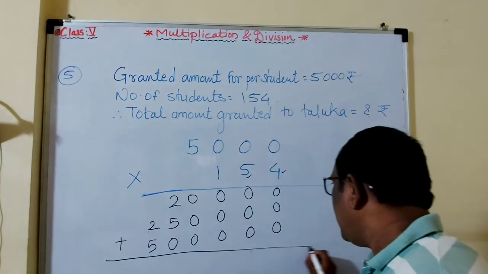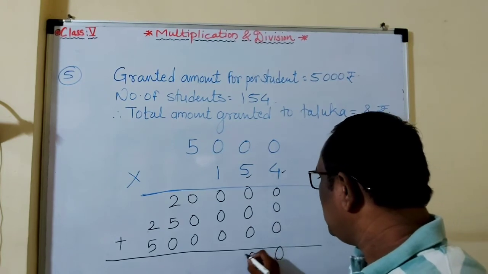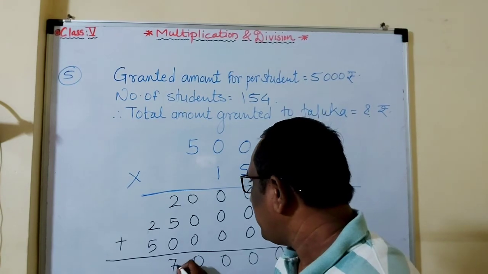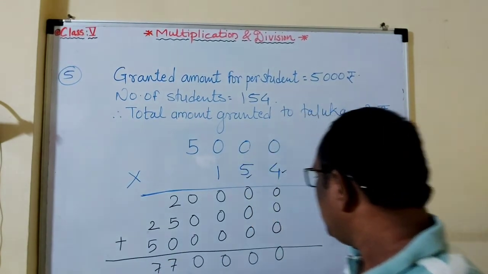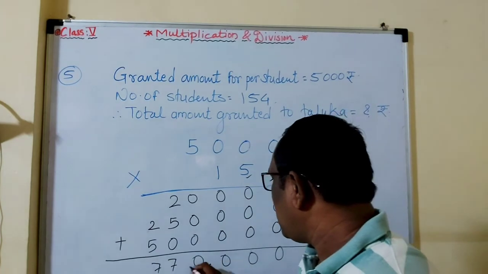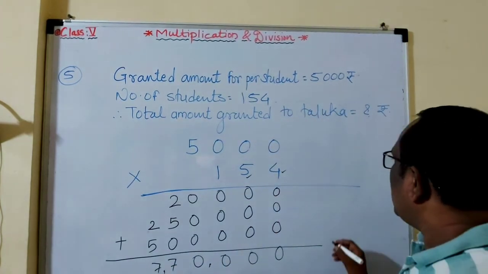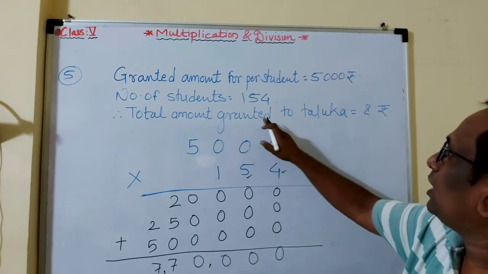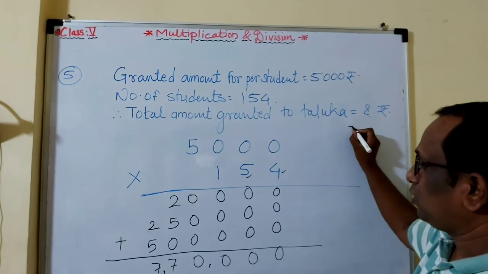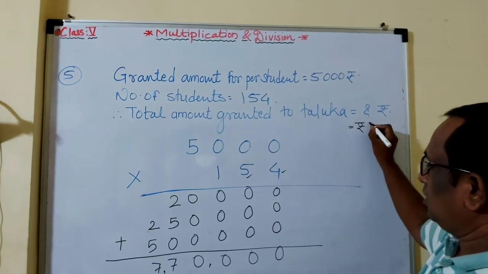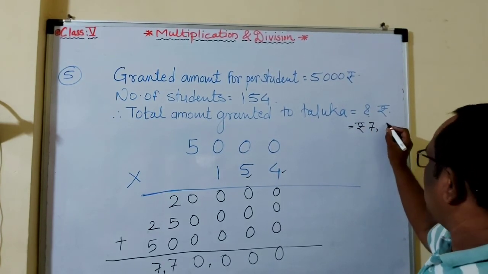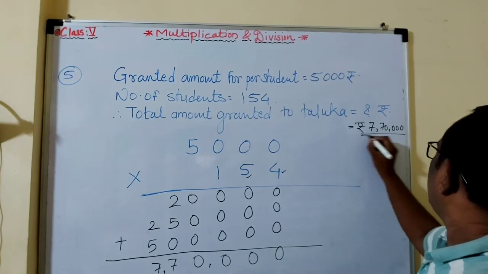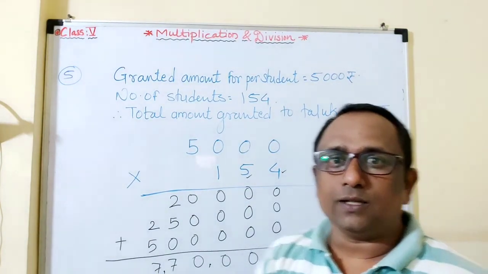We have to add now: 0 0 0 0, 5 plus 2 plus 0, 7, 5 plus 2. 1 2 3, give comma, give comma. So now you have to write: therefore total amount granted to the taluka is equal to rupees 7,70,000. This is the answer.